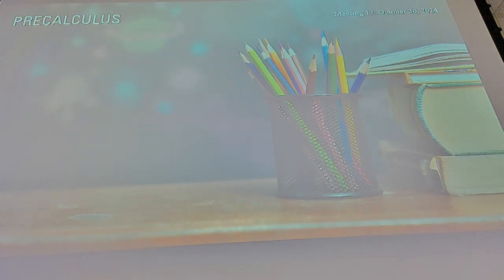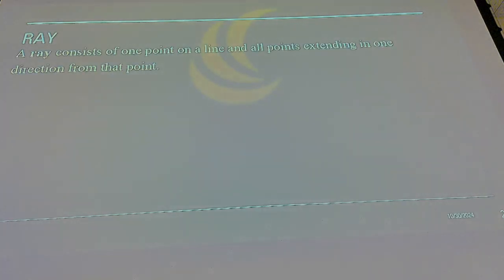Before we study the trigonometric functions, we need to study angles. A ray consists of one point on a line and all points extending in one direction from that.